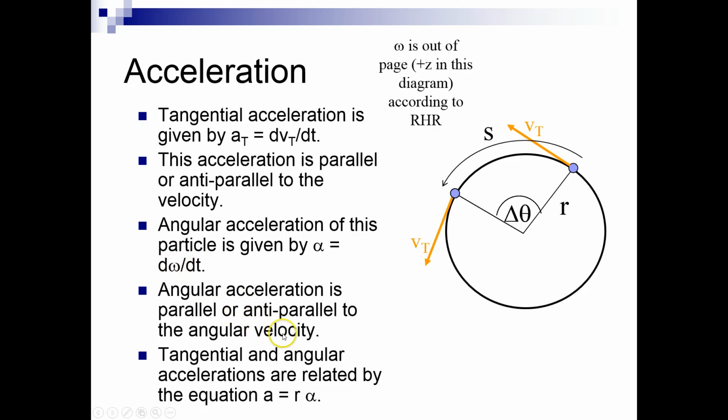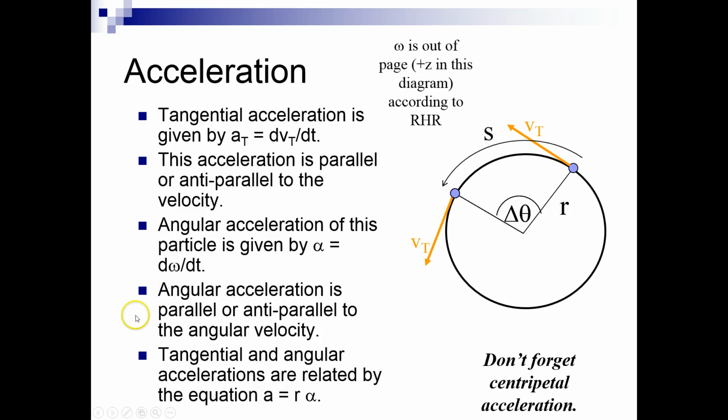It's either parallel or antiparallel, we've already said that, and tangential and angular accelerations are related by the equation a equals r times alpha. So if you know angular acceleration, if you multiply it times r, you'll come out with that overall acceleration.